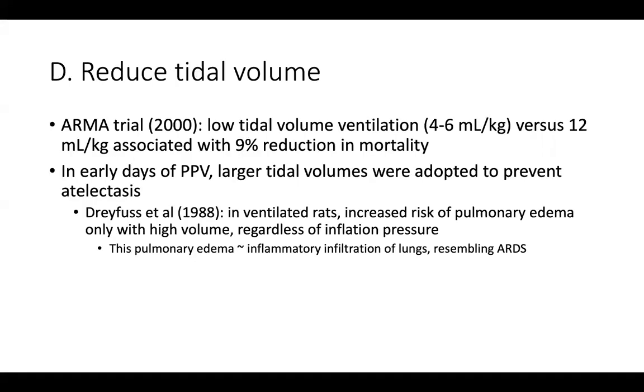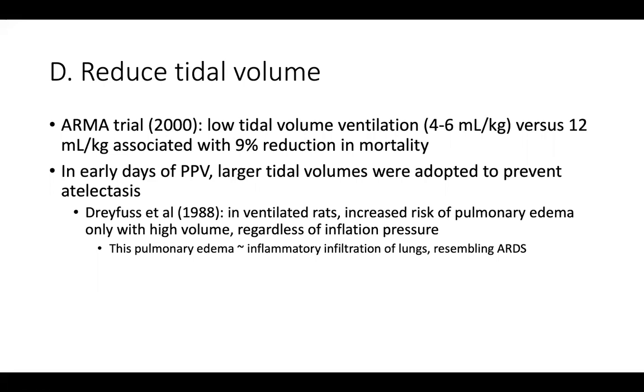As I mentioned earlier, the ARMA trial is one of the earlier ARDSNet trials, and they compared low tidal volume ventilation, 4 to 6 mL per kg versus 12 mL per kg, which was standard of care at that time, in patients who have ARDS, and they saw a 9% reduction in mortality.